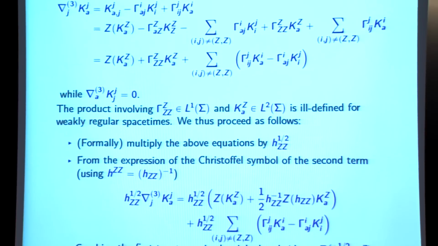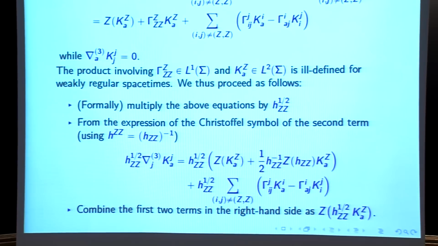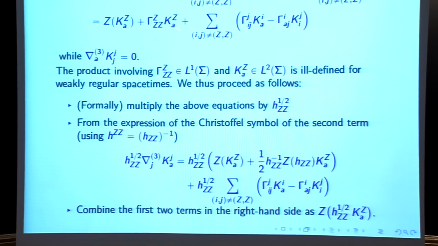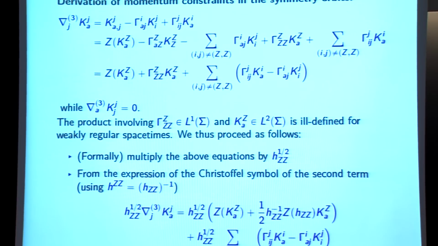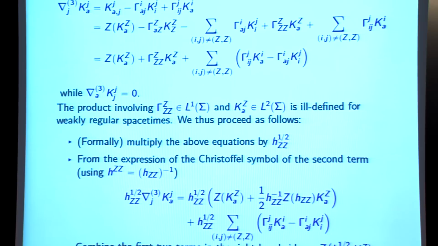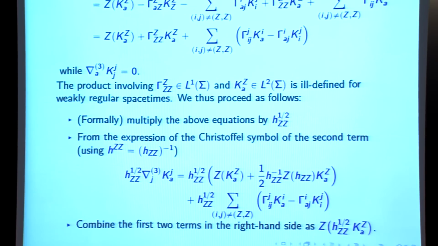This will kill the term that would not make sense otherwise. You have to look at the algebra to realize that, but by just doing the same computation, it does not work, but you modify by a suitable weight, and you realize that things start to make sense. Okay.